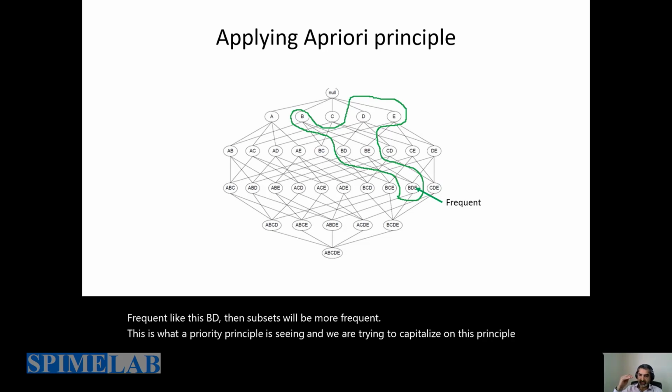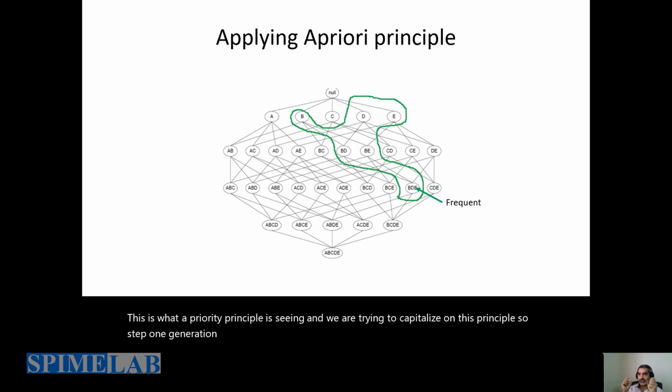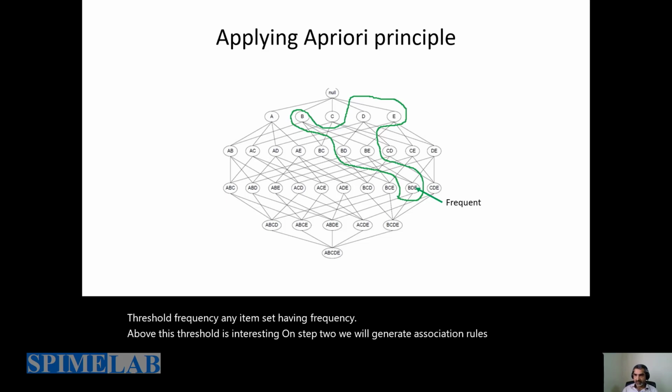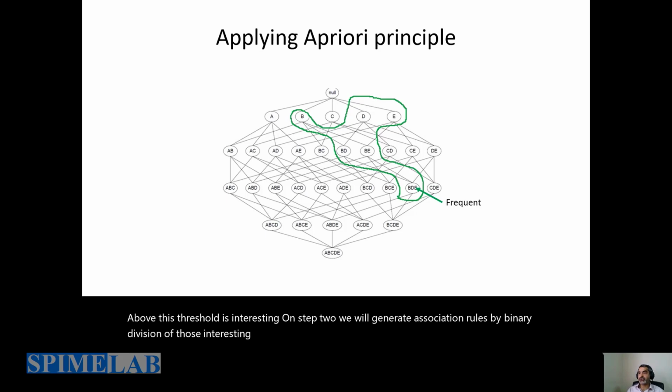So step 1, generation of item sets, we will use a number, a threshold frequency. Any item set having frequency above this threshold is interesting. In step 2, we will generate association rules by binary division of those interesting item sets, and we will use support and confidence for those rules.